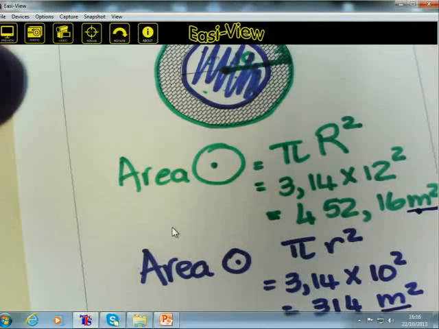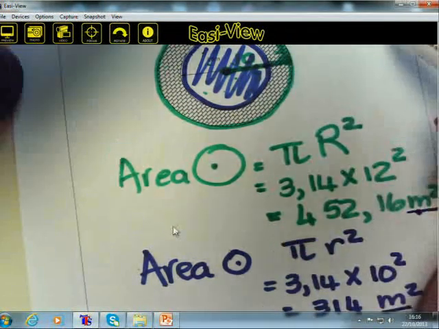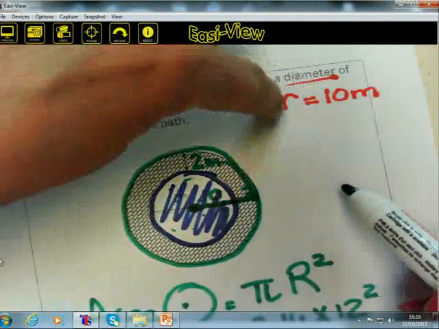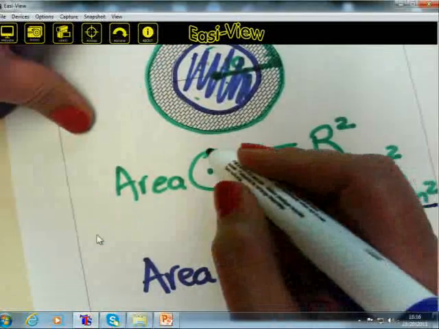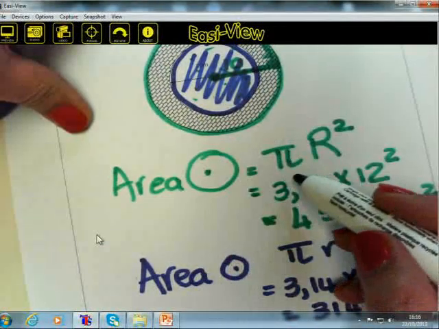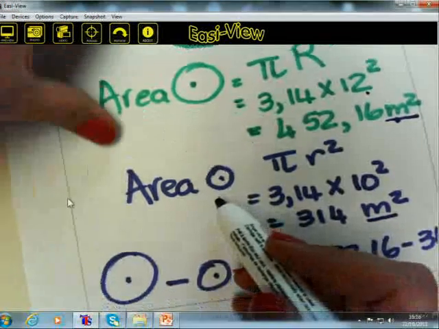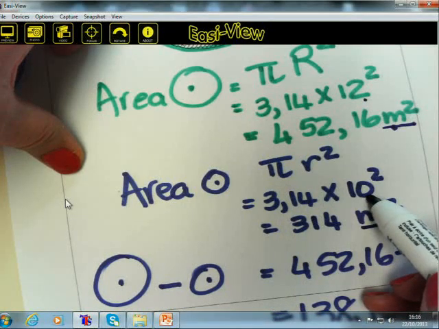Let's quickly recap this one. A 2-meter path is built around this lawn, and then we had the red circle of diameter 20, so radius is 10. So we calculated the area of the big circle was pi times 12 square. Then the area of the smaller circle was pi times 10 square.